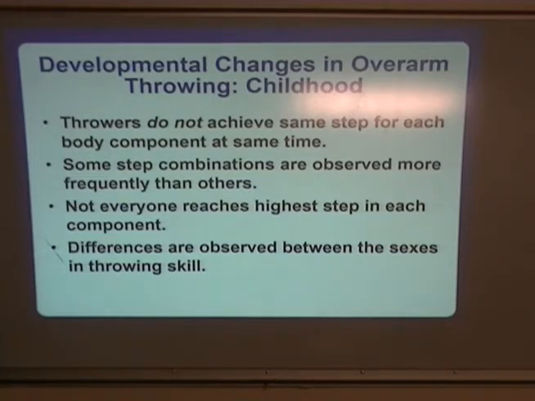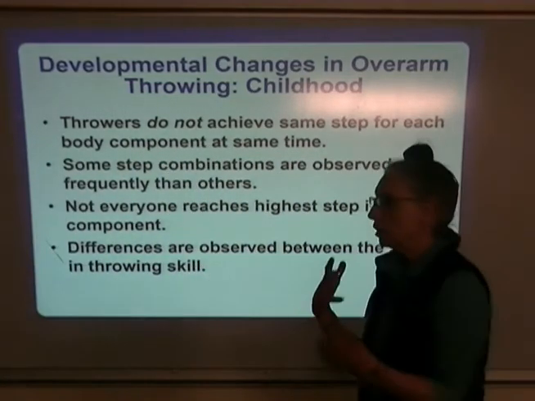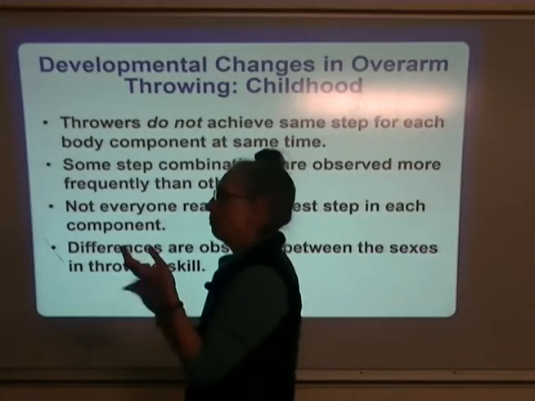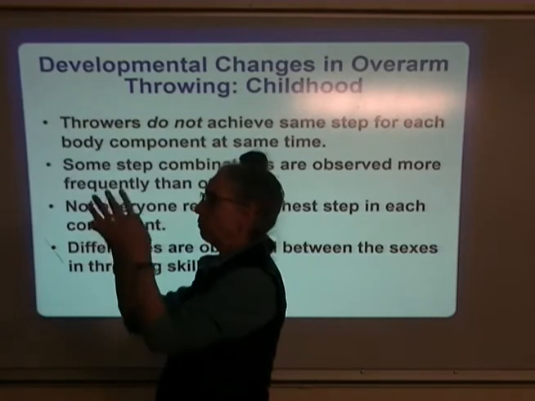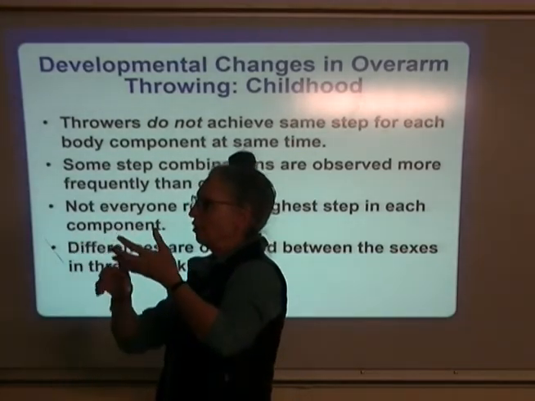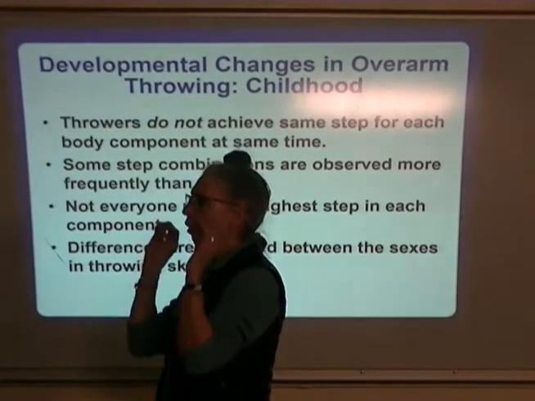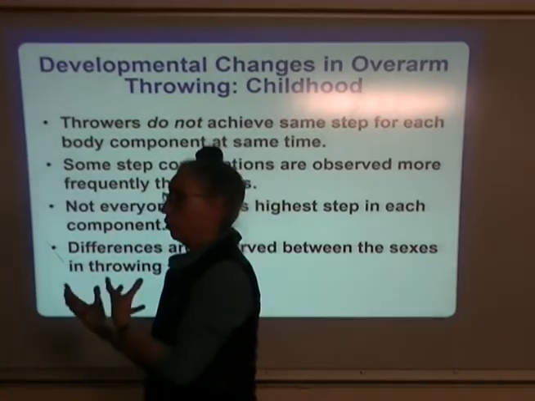What's interesting about throwing that makes it very different from walking, running, jumping, those locomotor type skills, up until we get to things like hopping or the combined skills that we talked about, is that walking, running, jumping are very hardwired in a way that throwing is not, right?